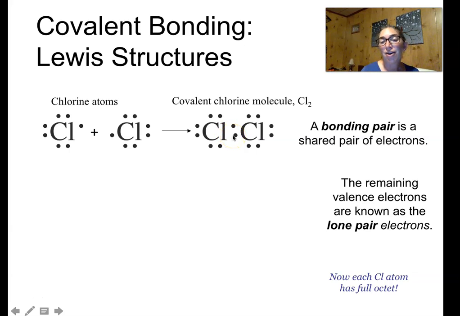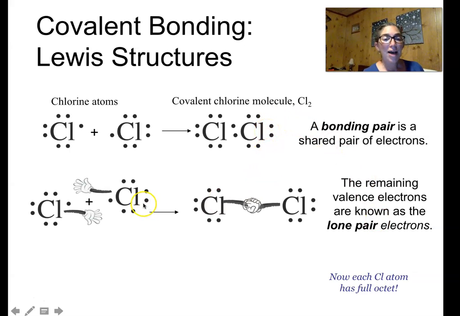If we count all of these electrons around the chlorine atoms, each chlorine atom has 8 electrons around it, and we count this shared pair twice, once for each chlorine. We call the pair that the chlorines are sharing a bonding pair. All of the other pairs around the chlorines that are not shared are called lone pair electrons. They belong only to that one chlorine.